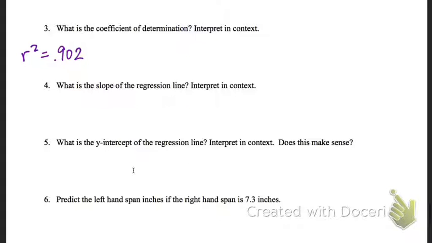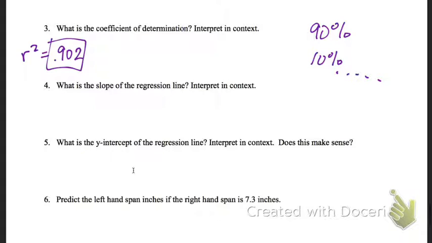So this number right here is about 90%, and so that number represents 90% of the reason why your left hand span is because of your right hand span. So 90% is attributed to what your right hand span is, predicting your left hand. The other 10% could be due to other things that have nothing to do with your x variable.